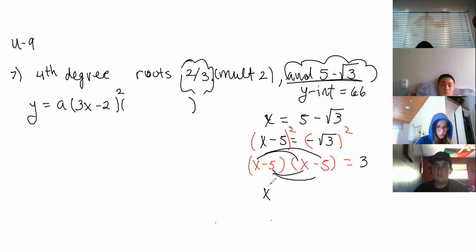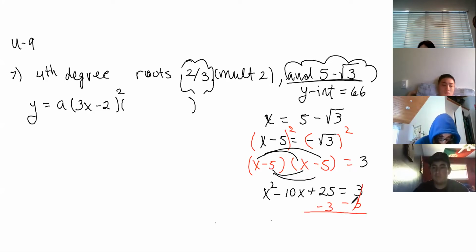What does that give you? x squared minus 10x plus 25 equals 3. And what's the last step? Move the 3 over to get it equal to 0. And that gives me x squared minus 10x plus what?